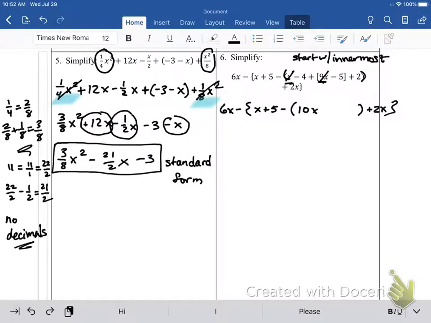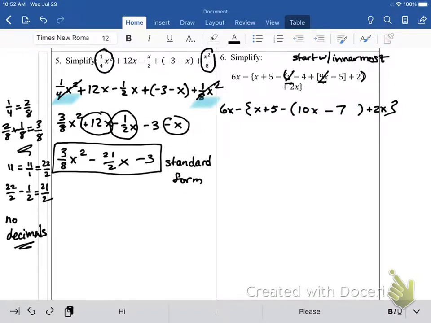And negative 4 take away 5 is negative 9, plus 2 is negative 7. Okay, now that the rounded parentheses are all simplified, 10x minus 7 cannot be simplified anymore.